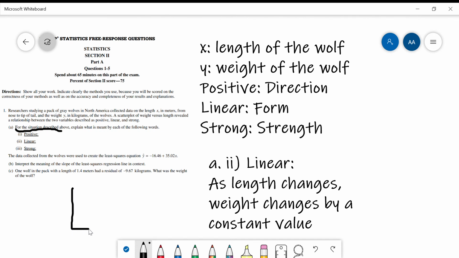If you draw any linear graph here, I know that's not the most straight version of a graph, but if it's linear, it's generally going to increase consistently. Nothing is going to be changing too fast or too slow. So basically, it's saying that y is going to keep on changing by a constant value.